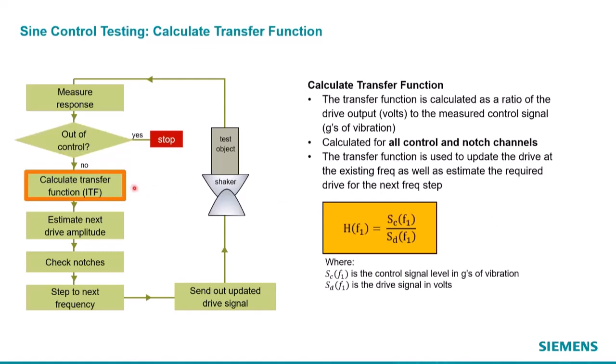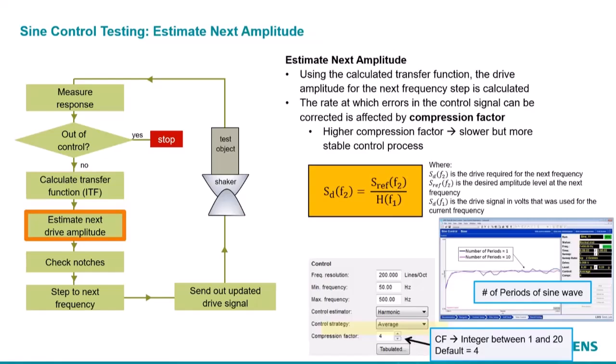Once we get the amplitude estimation at that instantaneous frequency, and we've got the amount in voltage going out, then we get our G's per volt transfer function, and then we convert that to inverse and calculate the volts per G. Based on our control amplitude in the reference spectrum, that gives us the amount of volts to send out from the DAC output, which goes to the shaker and amplifier. We calculate that also on all control and notch channels. So that is our calculation of the transfer function.